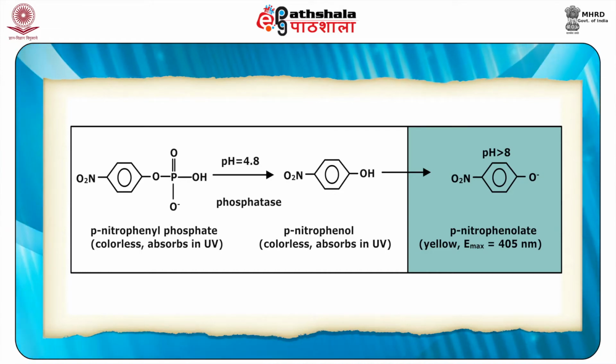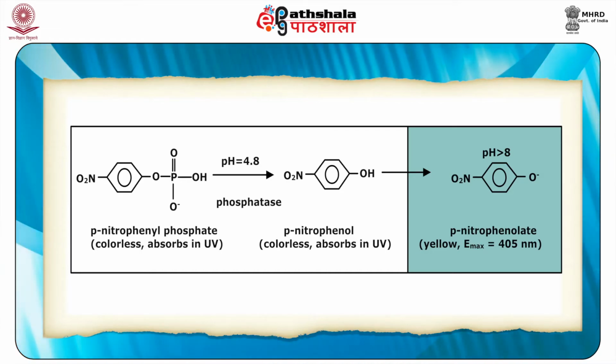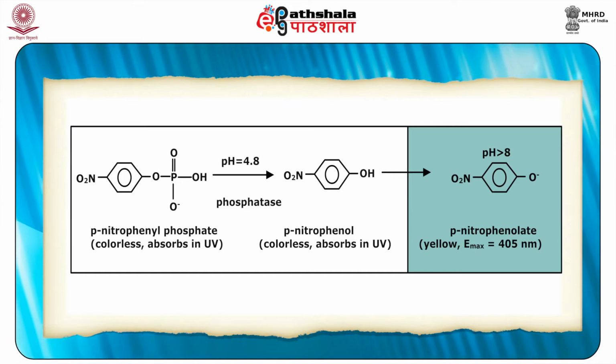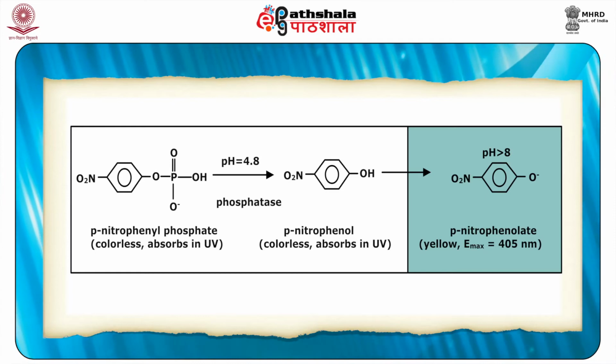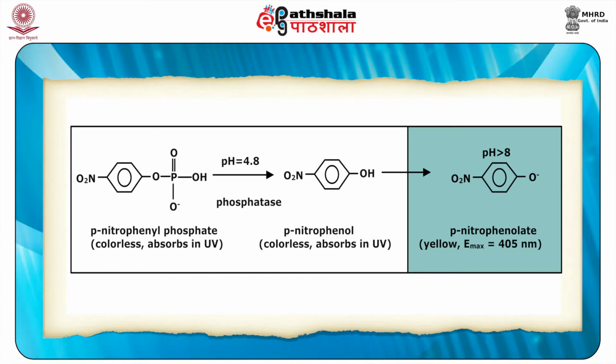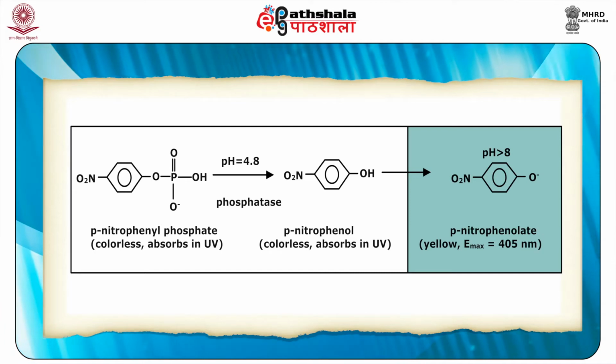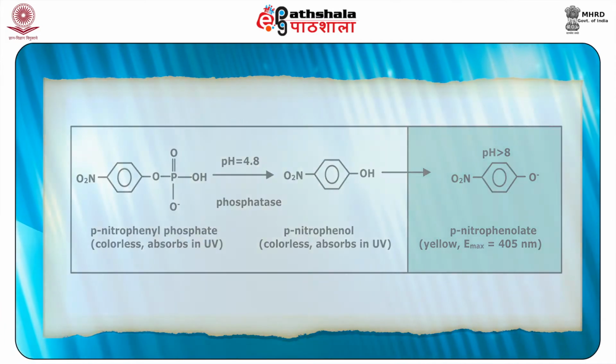Hence, the amount of colored product can easily be measured in the presence of the colorless substrate using a spectrophotometer. In the figure, you can easily see how this could be done.